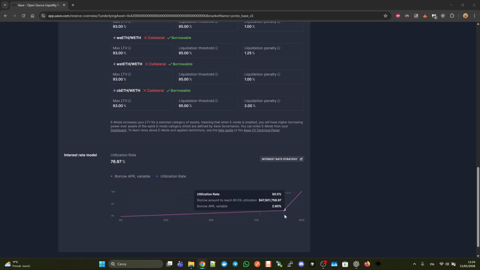Instead, if the utilization rate goes beyond 90%, the APR that you have to pay will increase very, very fast. And this is used to avoid that the protocol runs out of liquidity.